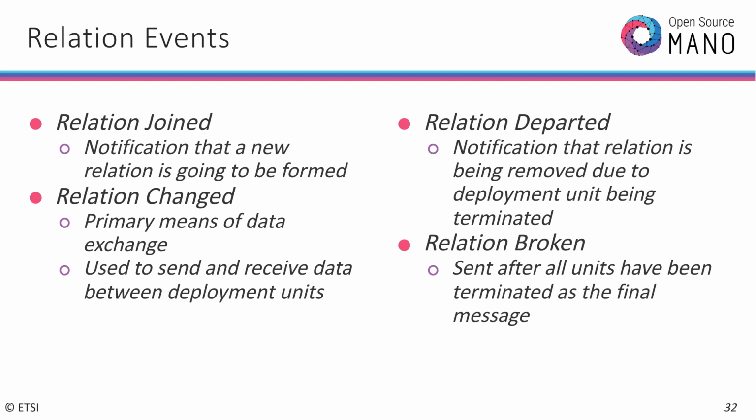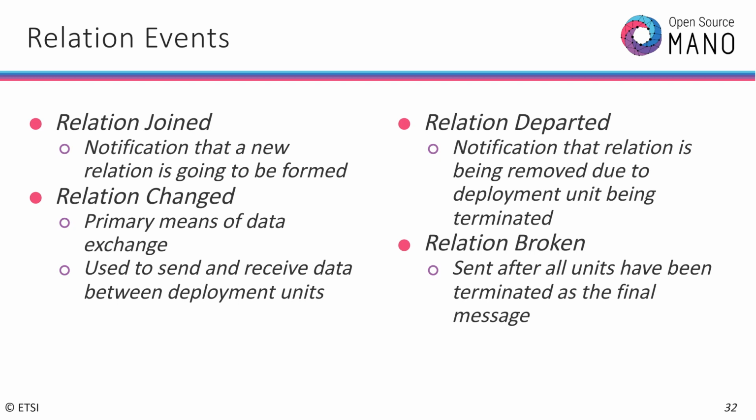It is possible at this point that the load balancer isn't fully operational yet. So typically, unless there are some preconditions that you need before your software is available, kind of day 1, the relation joined is not all that significant.